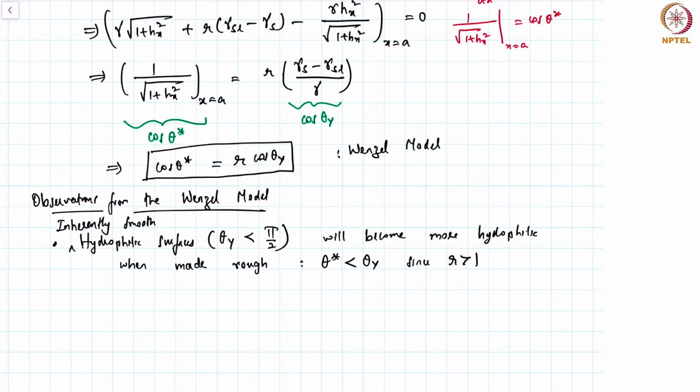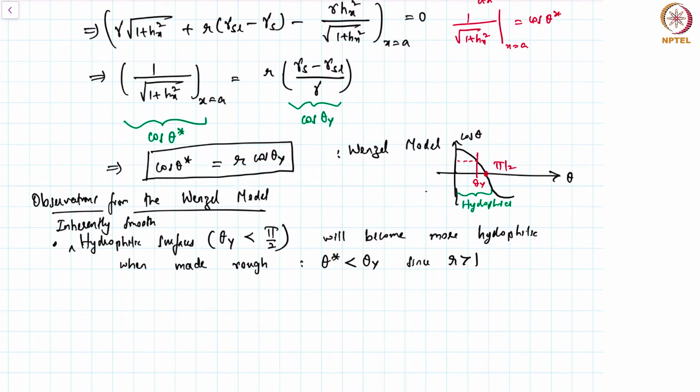Okay, we will just make a quick sketch of this. This is the cosine function, and this quantity is pi by 2. So if you're in the hydrophilic regime, this is hydrophilic for these angles. We are talking about this theta versus cosine of theta. What I'm essentially describing is a case where if your Young's angle is this, that is theta y, then you need to have a value of cosine of theta star which is larger than cosine of theta y.